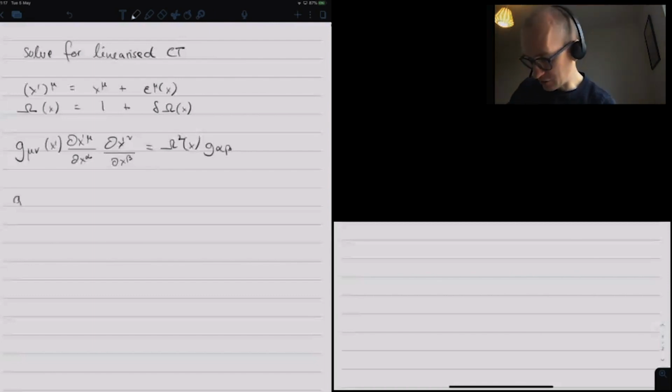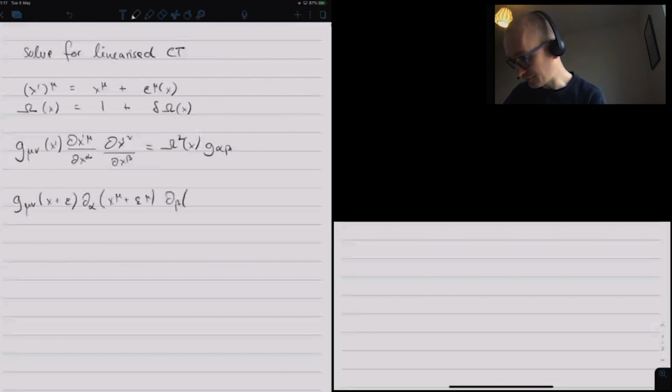So we get the equation g mu nu of x plus epsilon. Okay, I'm not writing the indices. And then of course I have d alpha of x mu plus epsilon mu, and I have d beta of x nu plus epsilon nu. You understand the notation, of course: d by dx alpha, d by dx beta.